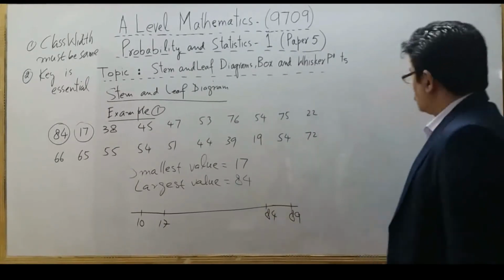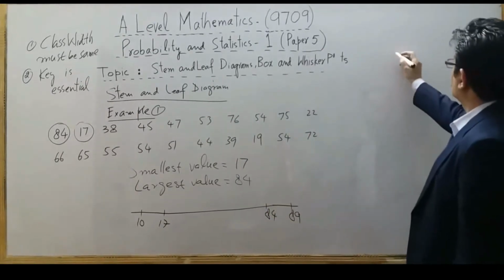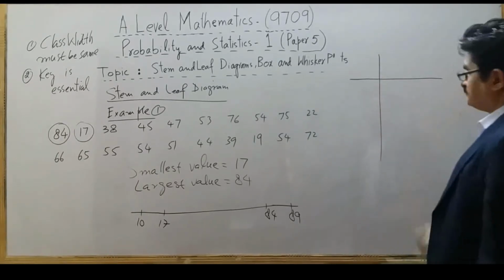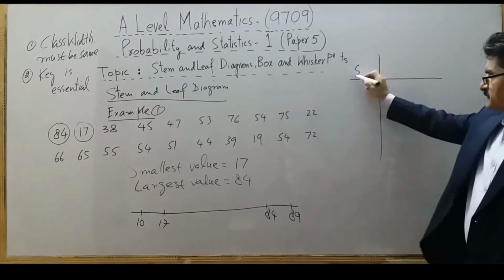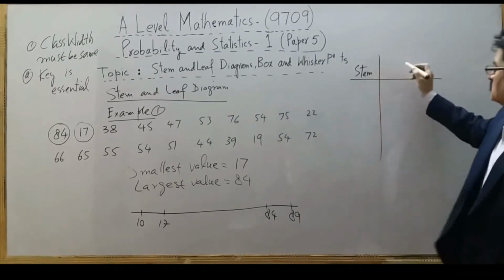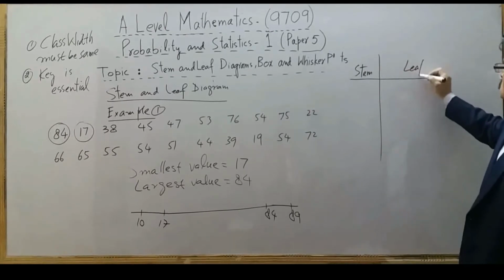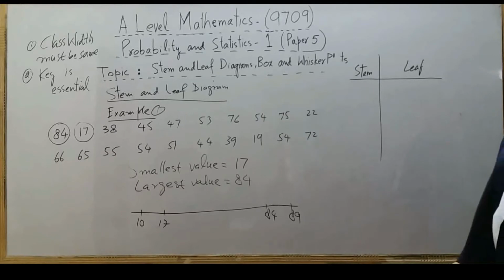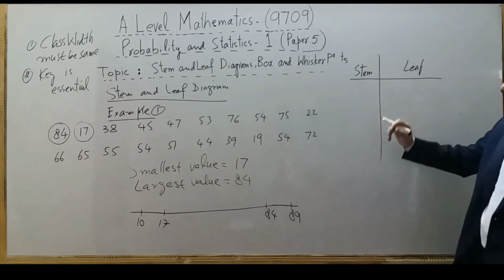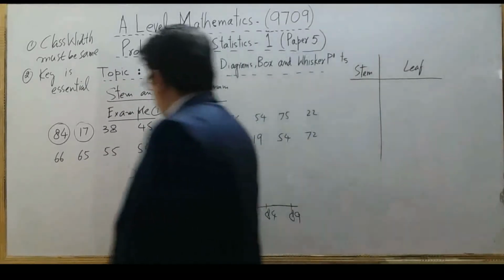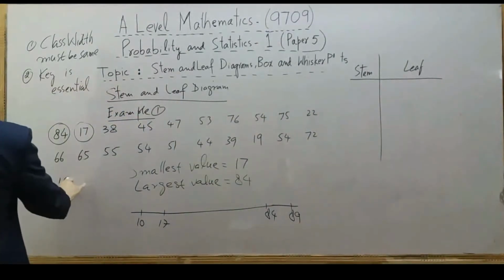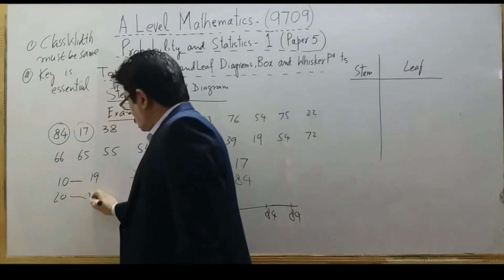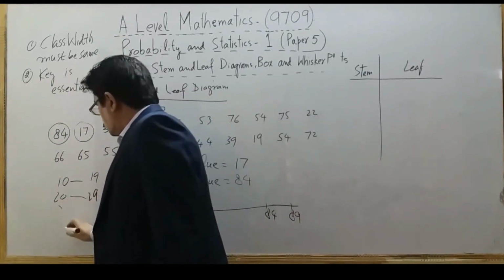So we make this table. Here you write stem, leaf. We will enter all values. This is a very important step. My classes will be from 10 to 19, 20 to 29 and so on.